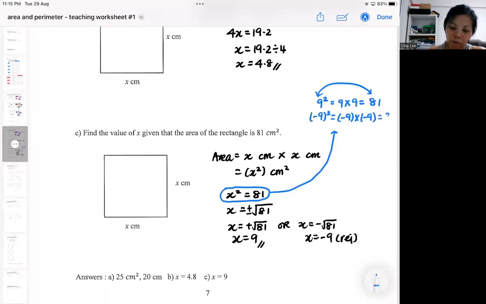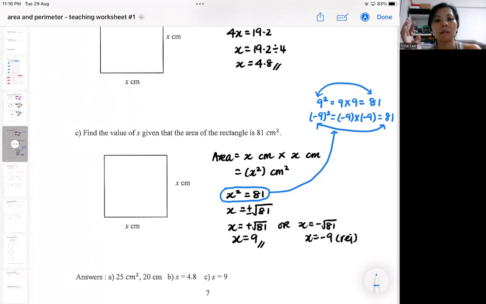Negative and negative will also give you a positive answer. So there can be another answer that can give you 81. So there are two possible answers that upon squaring can give you 81. 9 square gives you 81. Minus 9 square also gives 81 because negative and negative becomes positive.